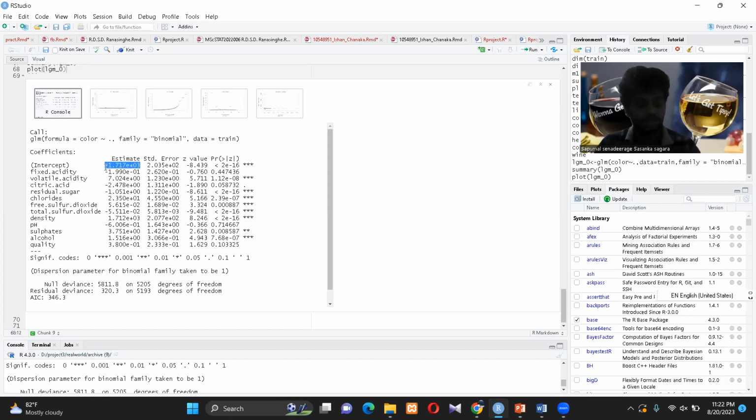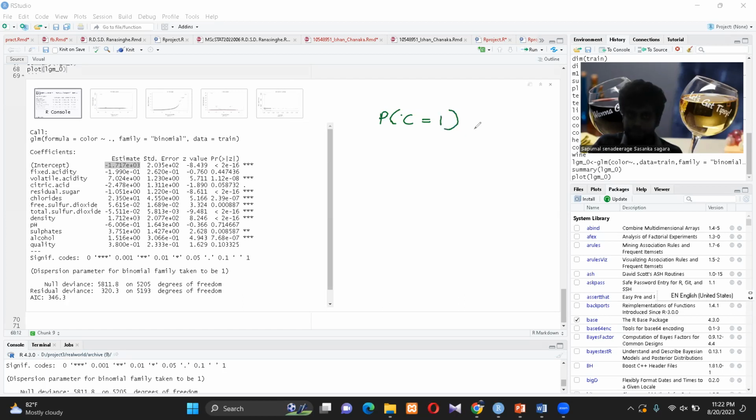How can we explain this model? Let me remind you again. Let me check first whether it is correct. Usually I do it right. Let's say the probability of color, color equals one.